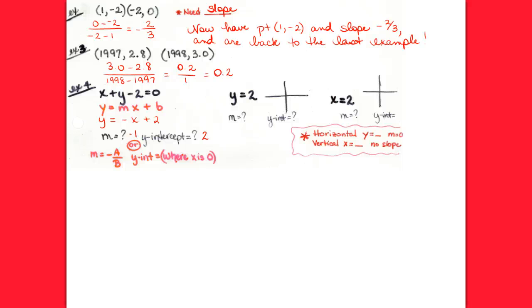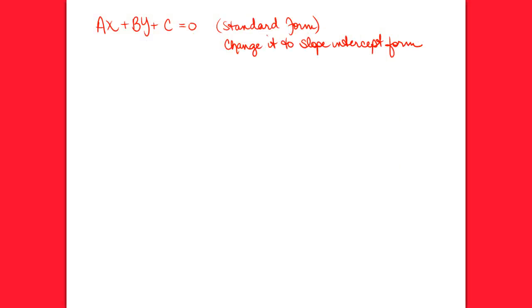Here's another one of those things that you don't necessarily have to do it that way if you don't want to. You don't need to write this down, but if I took standard form, ax plus by plus c is equal to 0, and I switched it into slope-intercept form, meaning I solved for y, right? If I'm going to solve for y, I'd have to move the ax to the other side, and I'd have to move the c to the other side.